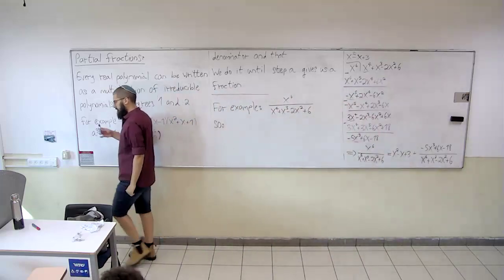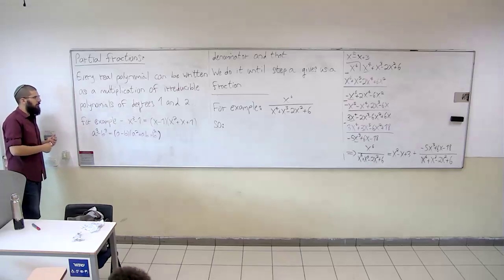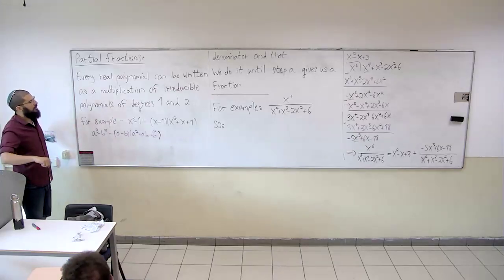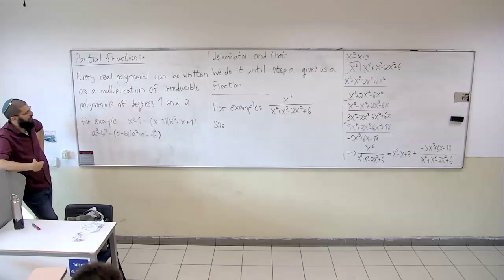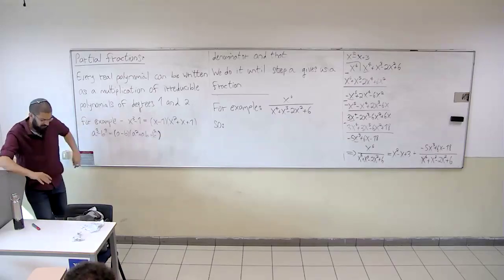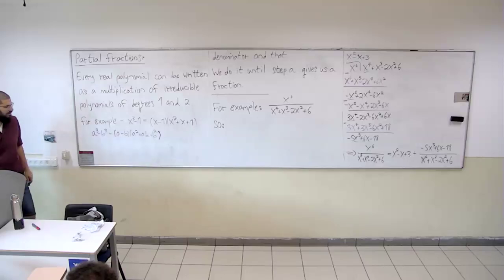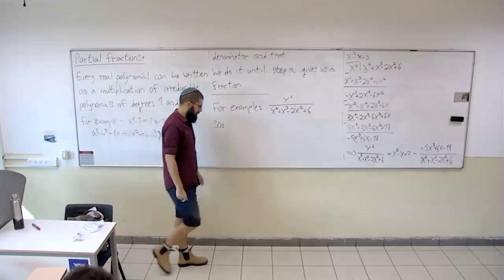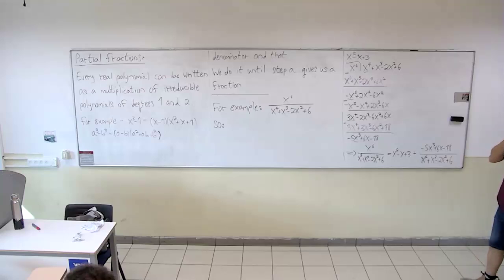You can mathematically define exactly what irreducible means, and one is considered an invertible element of the field, and we don't talk about that. It's complicated, but for a different course, which I don't think you're going to learn.